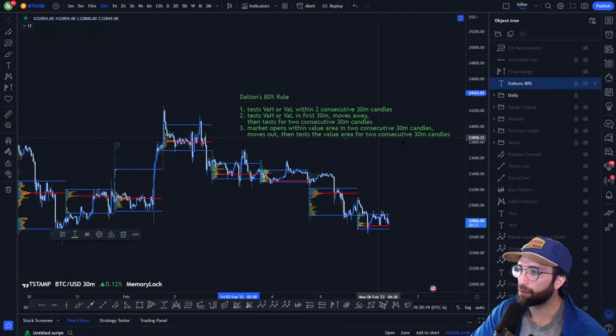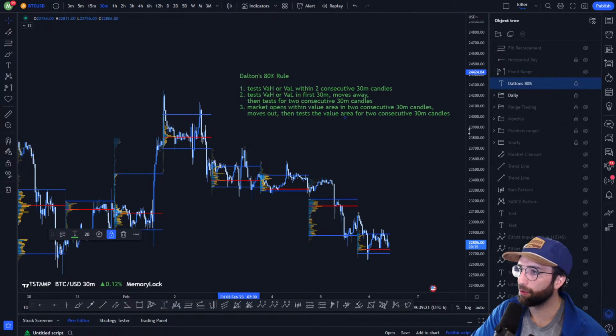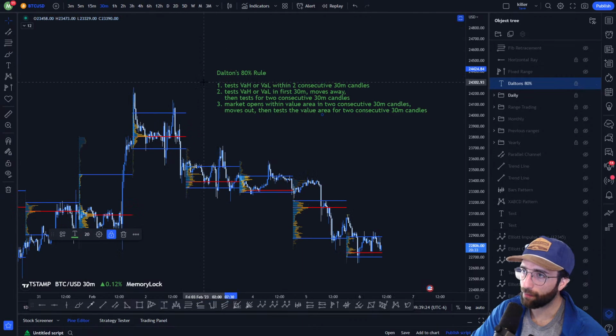All right, and this is a pretty cool trading strategy. So it goes something like this: if price tests the value area high or low within 2 consecutive 30-minute candles, then there's an 80% chance that price will travel through or fill the value area.